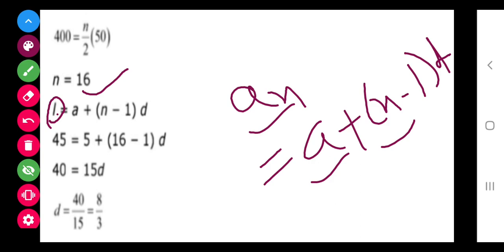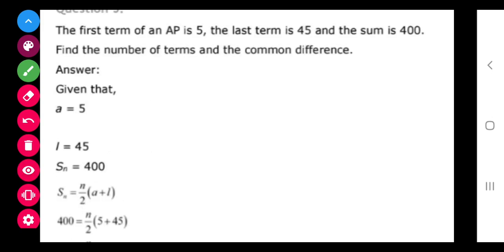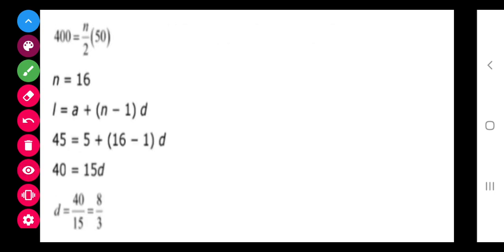So we need to get the value of d, and that also we will get. In the question it was asked that we have to find the number of terms and the common difference. The number of terms we have determined using this formula, and d we will get using this formula. So overall our task is fulfilled.